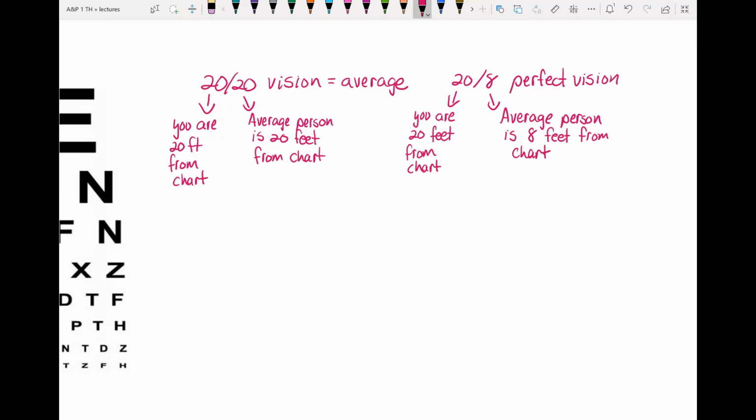So what this means is that you can see from 20 feet, which is farther away, what the average person has to scooch up to 8 feet to see.